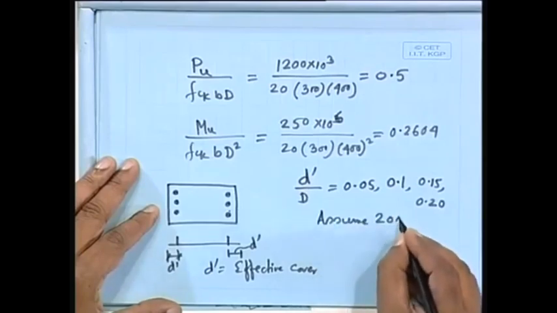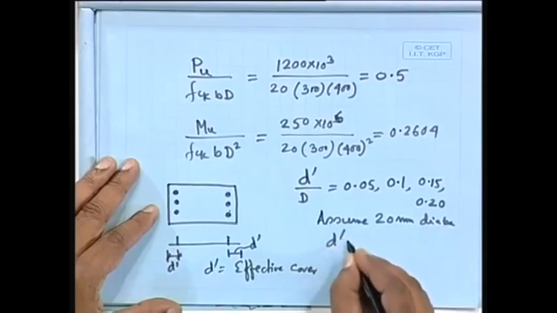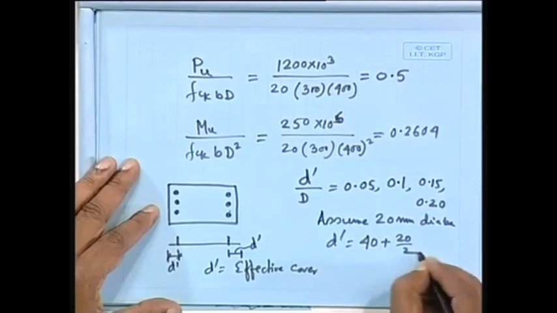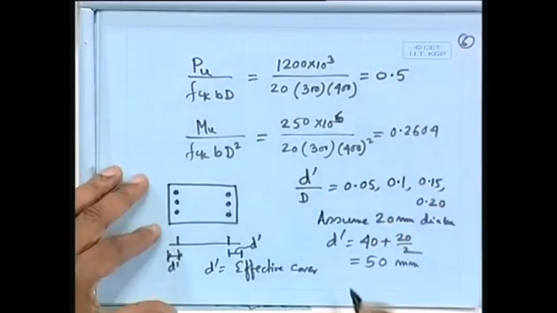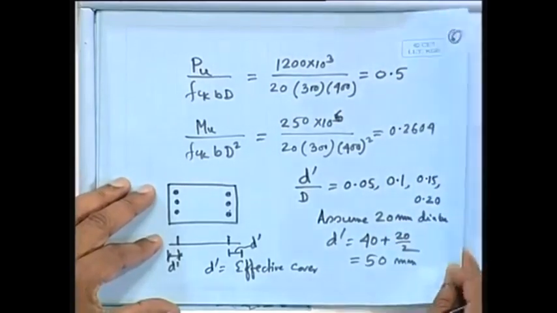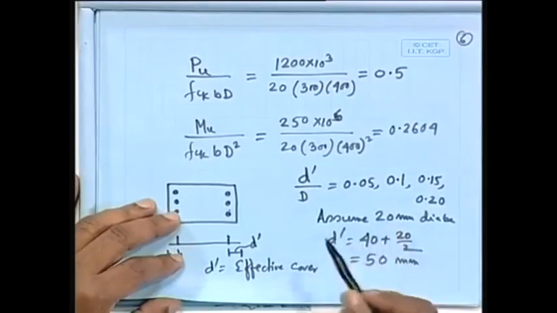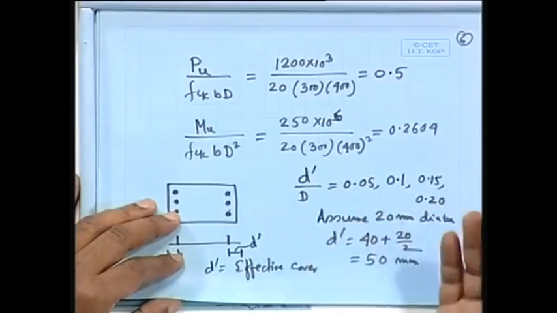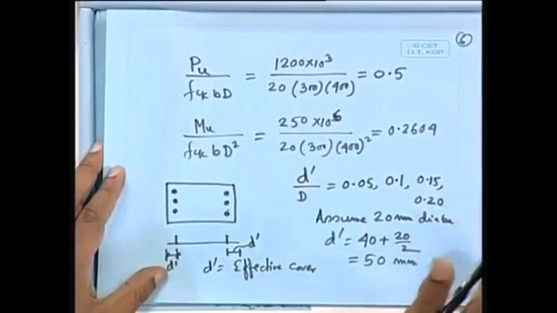So since you have to calculate d dash, let us say we shall assume 20 millimeter dia bar. So d dash will be equal to 40, that clear cover, plus 20 by 2, which comes as 50 millimeter. So our d dash, that is 50 millimeter, because here also again I have chosen that 20 millimeter, because I do not know whether 20 millimeter will be sufficient, because it may happen that I have to increase or decrease that one depending on the area of steel computed.